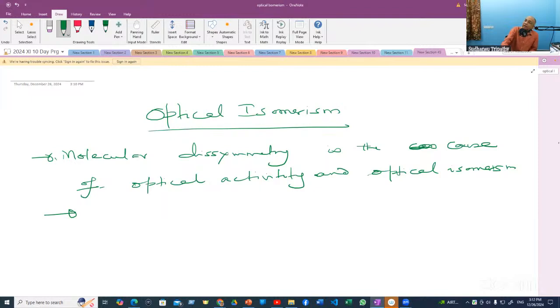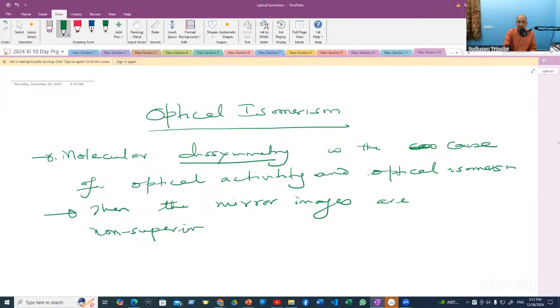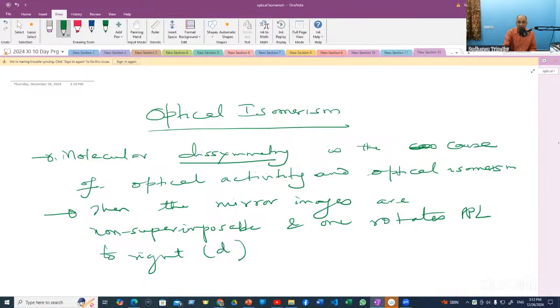If it is dissymmetric, then the mirror images are non-superimposable, and one rotates PPL to the right, which you have already written called D, and the other to the left, called L or minus.